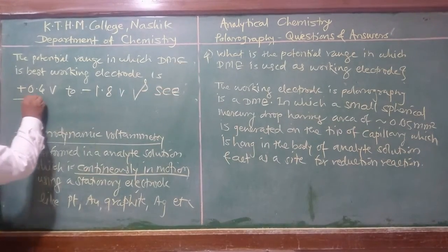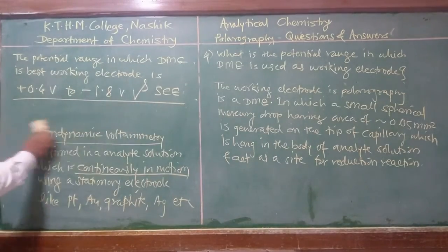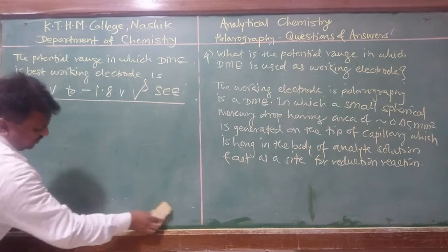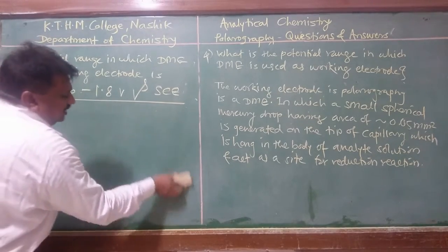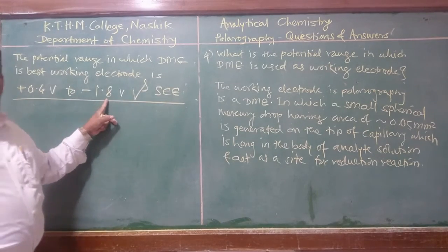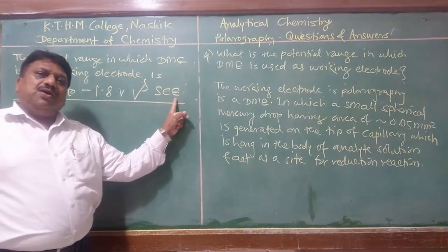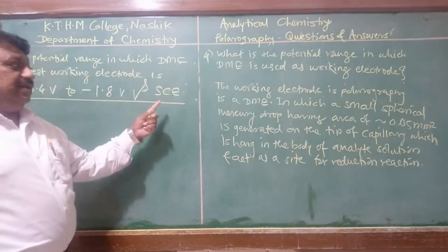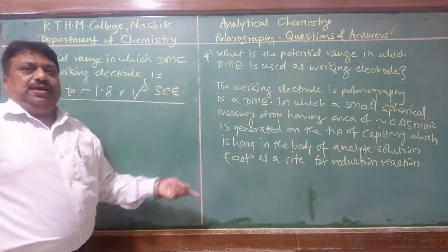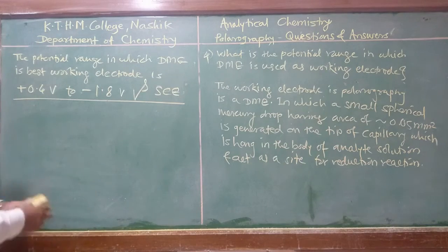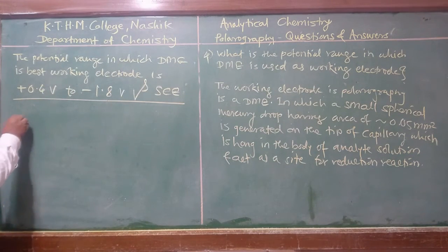This is the potential range in aqueous medium. If the medium is changed, the range may change. In the previous lecture we discussed the range plus 0.4 to minus 2.4 volt. That will vary on the basis of the medium, whether it is an aqueous medium or a medium containing some organic solvent. Here, in aqueous medium, the potential range is this.